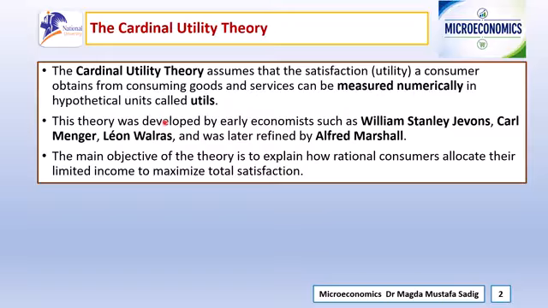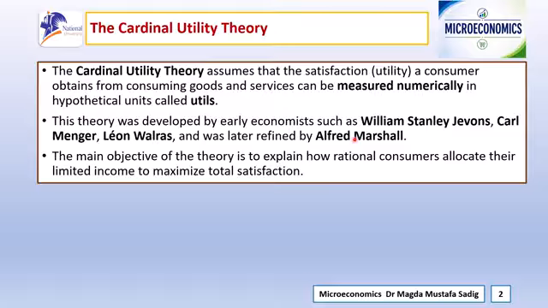The theory was developed by famous economists including William Stanley Jevons, Carl Menger, and Leon Walras, and was later refined by Alfred Marshall.